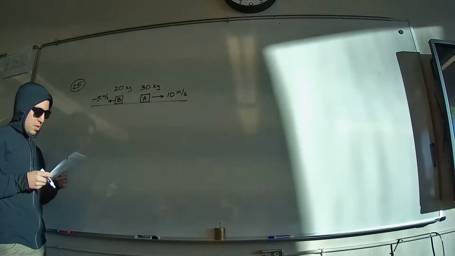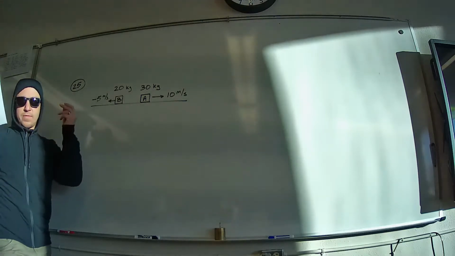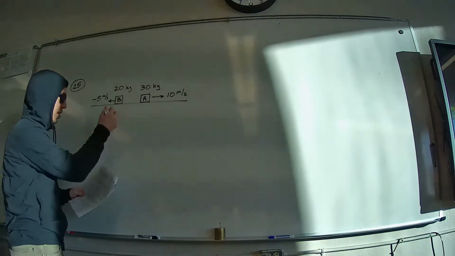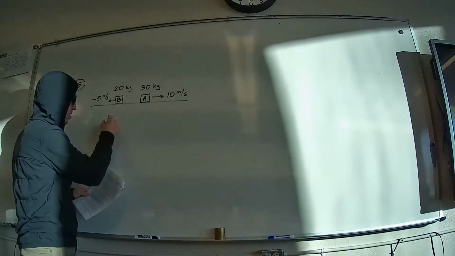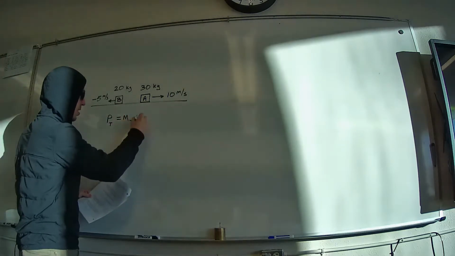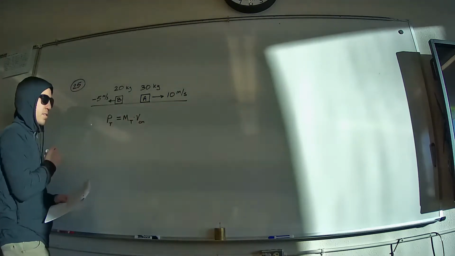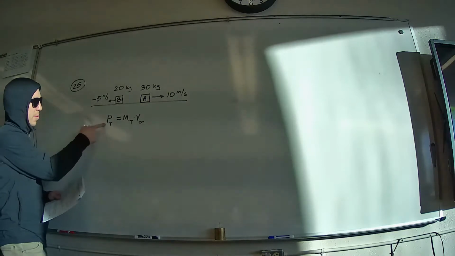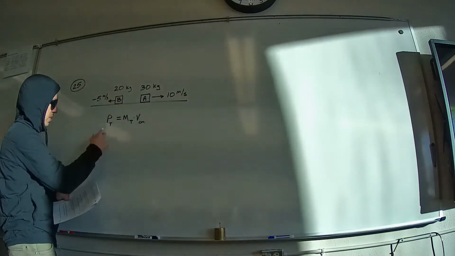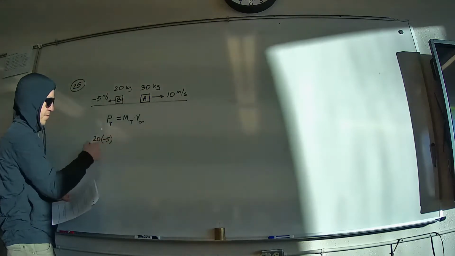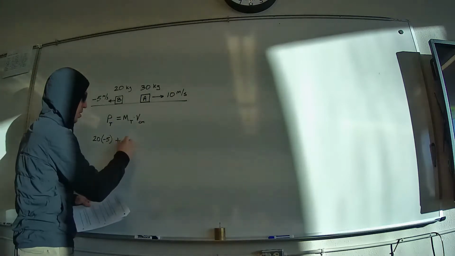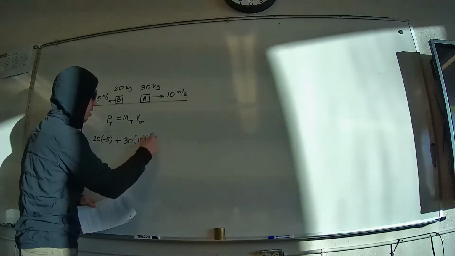Okay, let's do part A. What's the velocity of this system's center of mass? That should hopefully be pretty easy. I just do this: P total equals M total times the velocity of the center of mass. Total momentum would be 20 times negative 5, mass times velocity, plus 30 times 10.